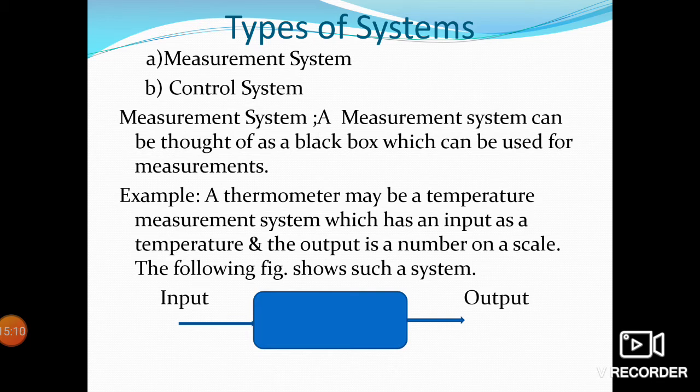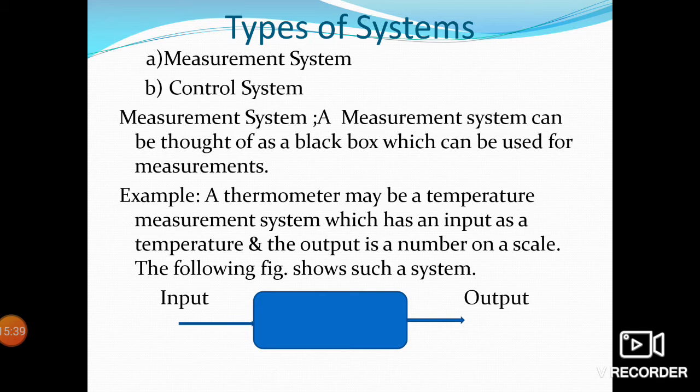Sometimes the thermocouple can also be considered as a measurement system. In a thermocouple, you give an input of temperature, then you get the output in the form of EMF, electromotive force, then you amplify the voltage signal for measurement purposes.